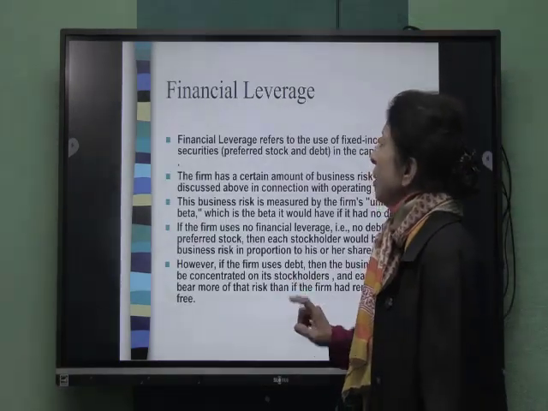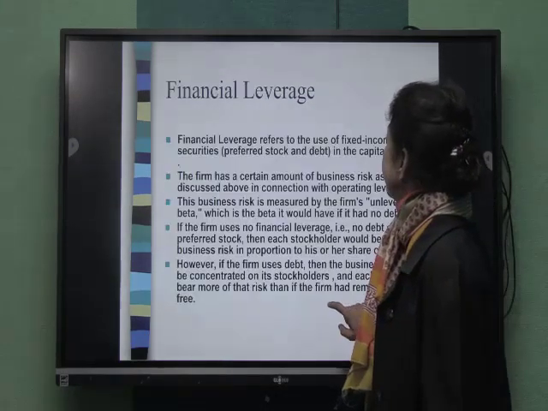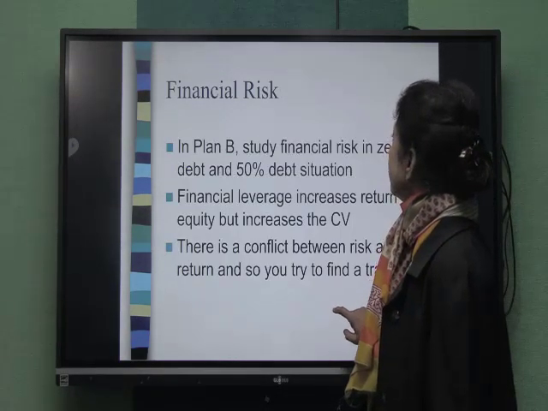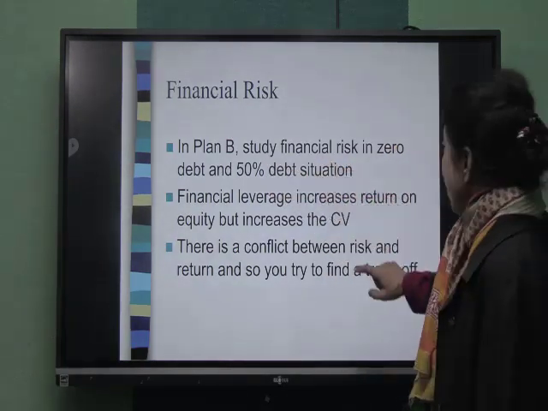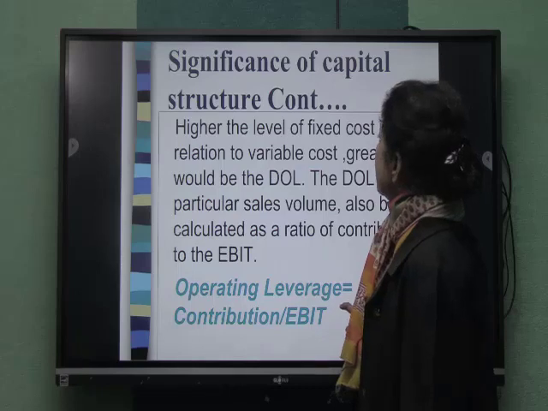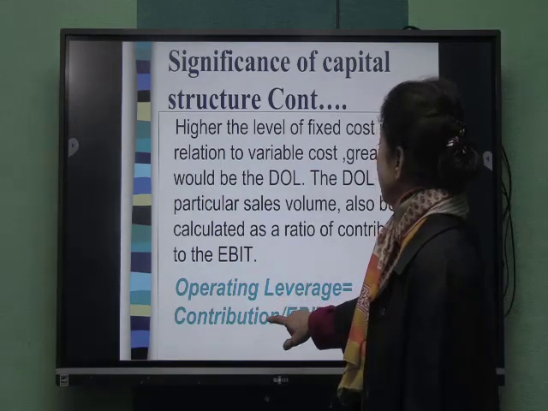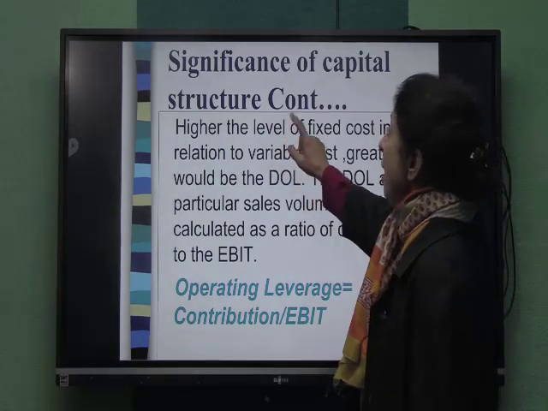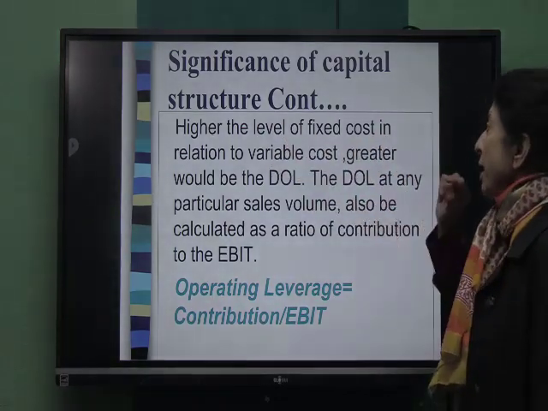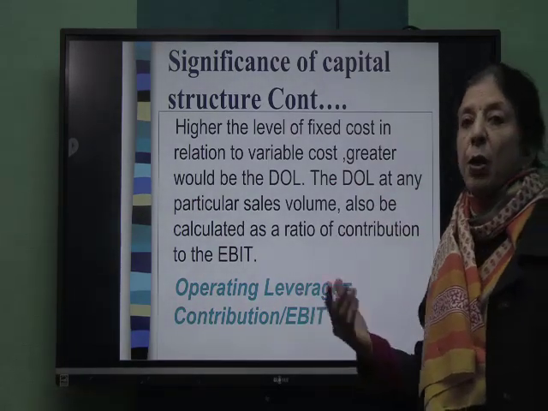Now, let's see. In plan B, if I study the risk, you will find that operating leverage is nothing but the contribution upon EBIT. That means, the higher the level of fixed cost in relation to the variable cost, the greater will be the degree of leverage.